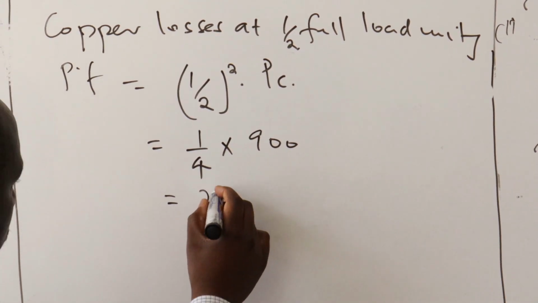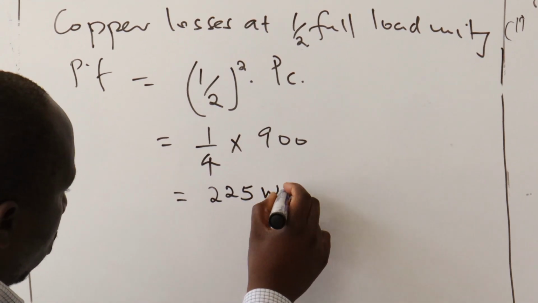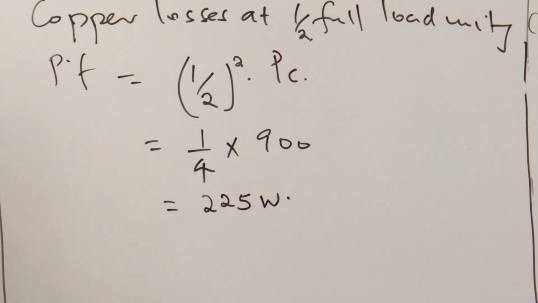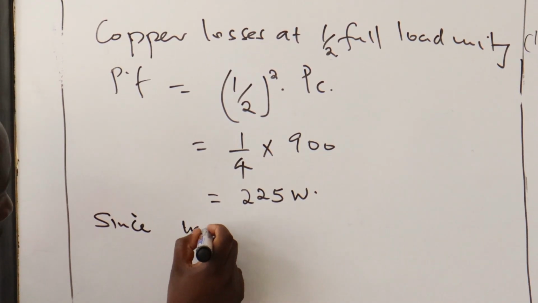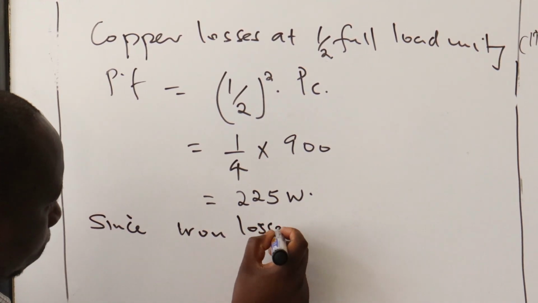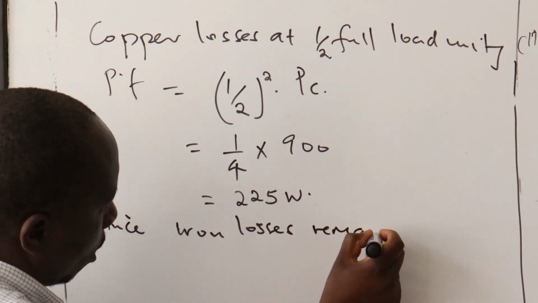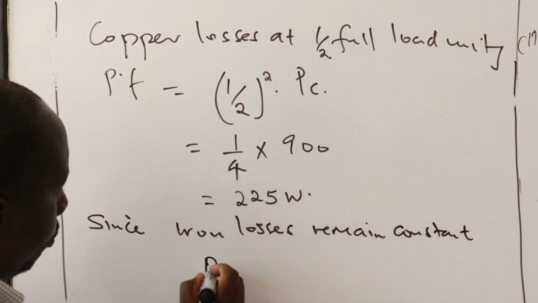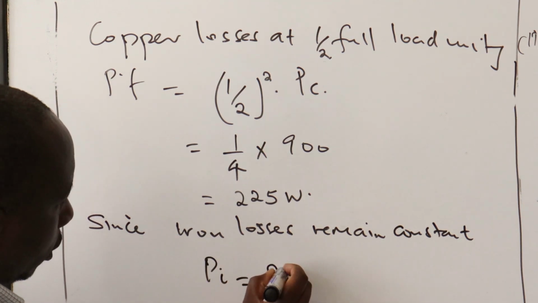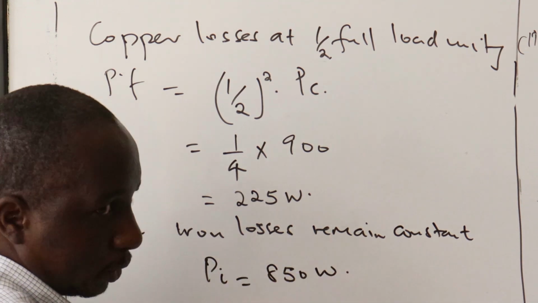We'll have this as 225 watts. So since iron losses are constant, they remain constant, we shall have the P of iron losses as also 850 watts.